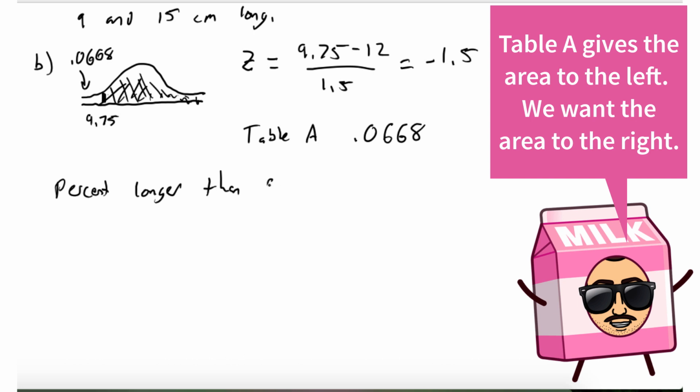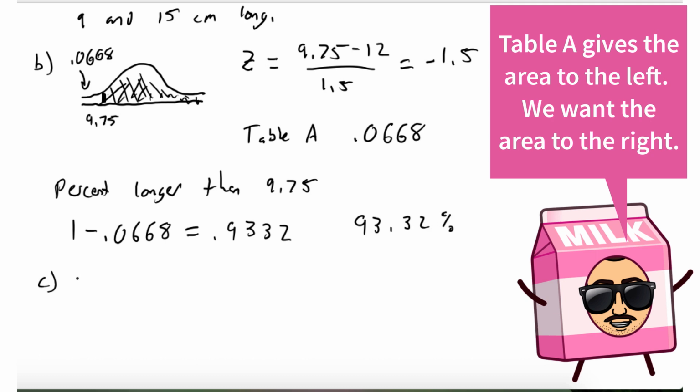The proportion longer than 9.75 is 1 minus 0.0668, which works out to be 0.9332, or 93.32%.